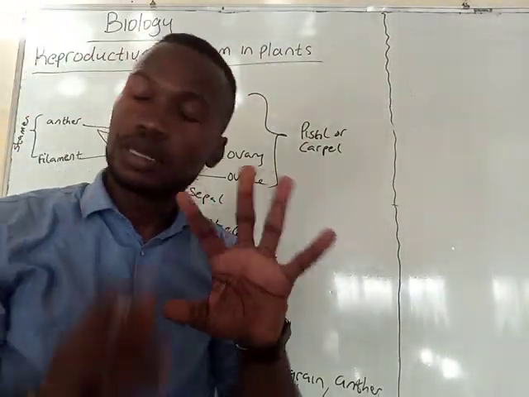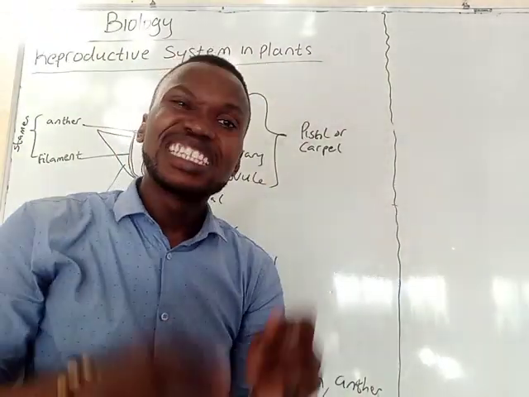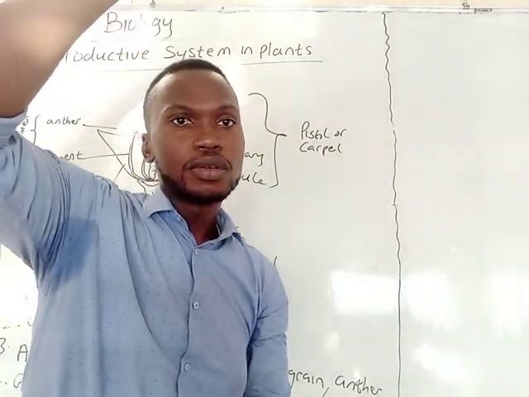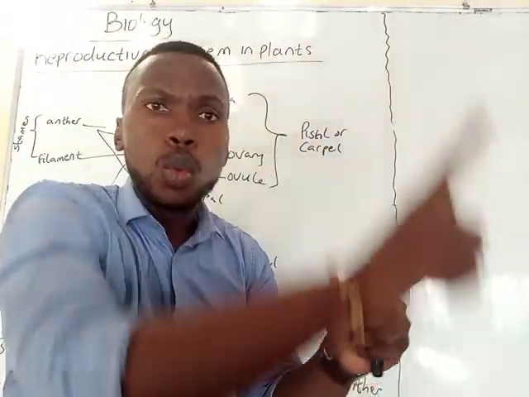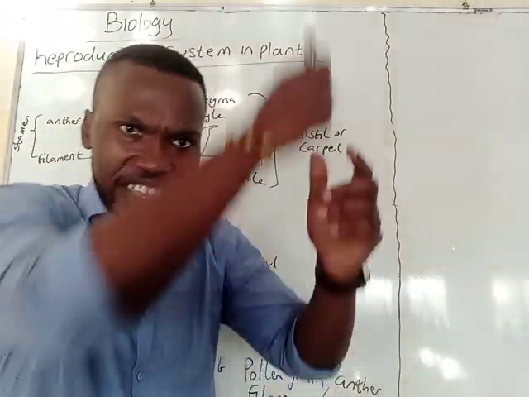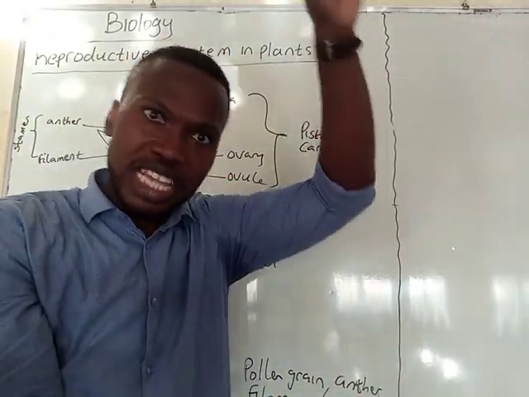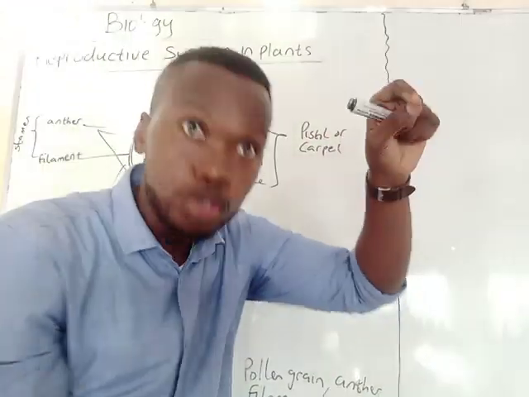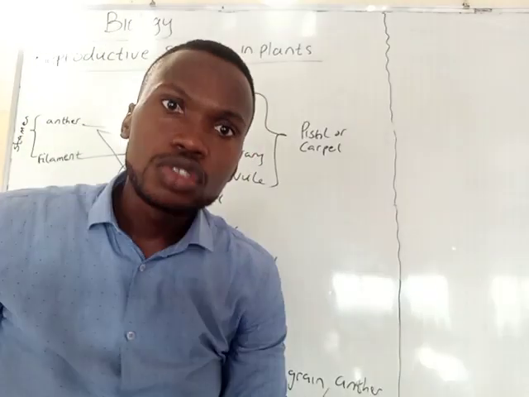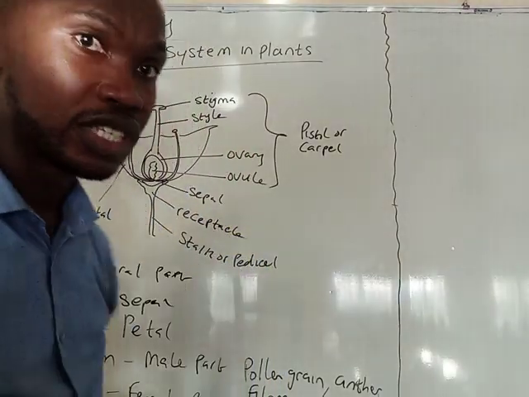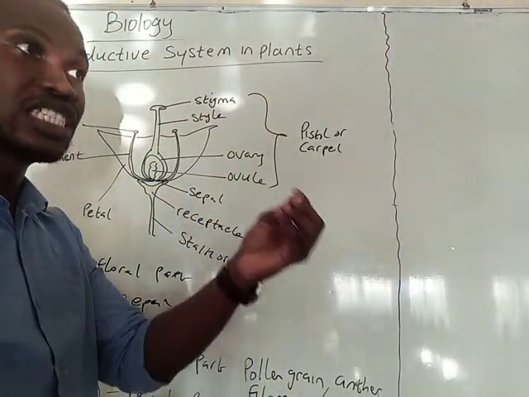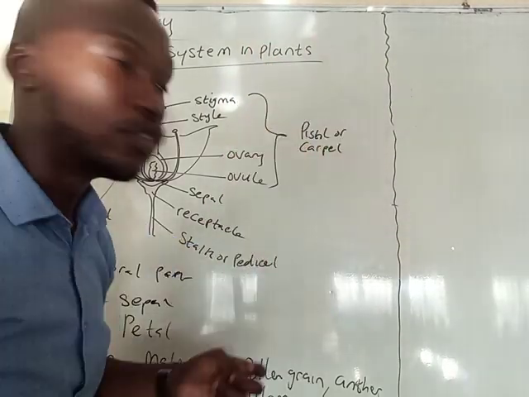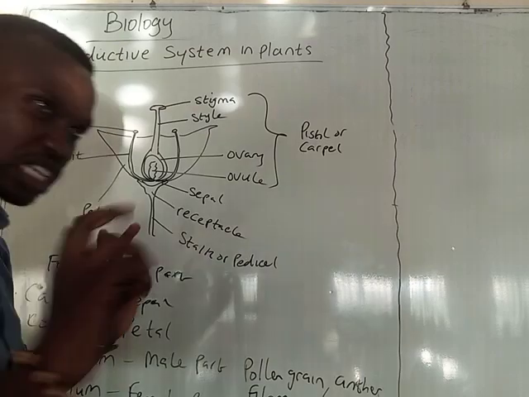The style connects the pollen grain with the ovary. It's like a funnel, like a tunnel that connects it. So when the pollen grain falls on the stigma, it's going to travel down through the style to the ovary. So that's the function of the style. The style connects the pollen grain to the ovary, in quotes.